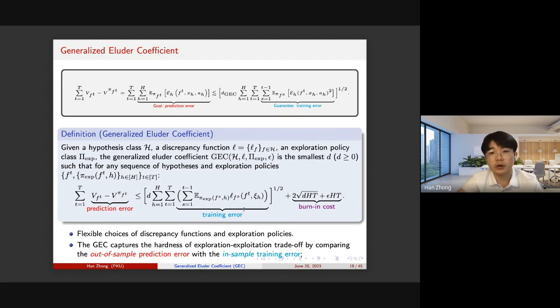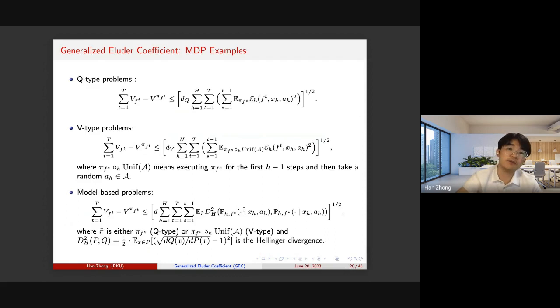Now I will give more examples of the choice of exploration policies and the discrepancy function. This is the simplified GEC I defined before. This is for the Q-type MDP problems. We just choose the exploration policy as Pi_f, the greedy policy, and the discrepancy function as the Bellman residual square.